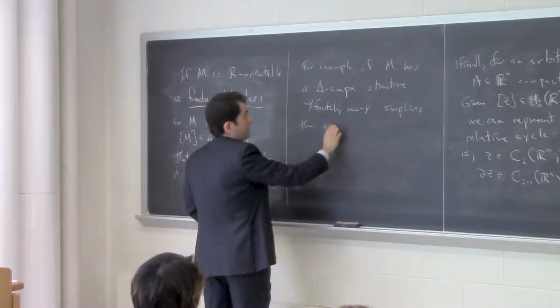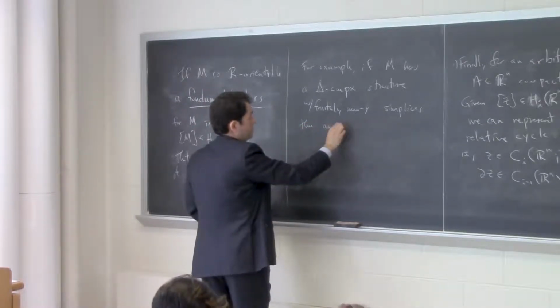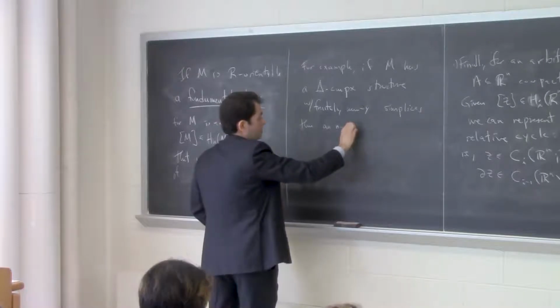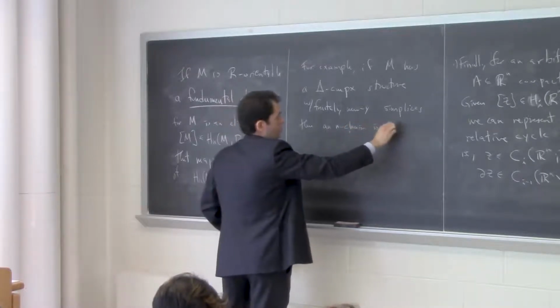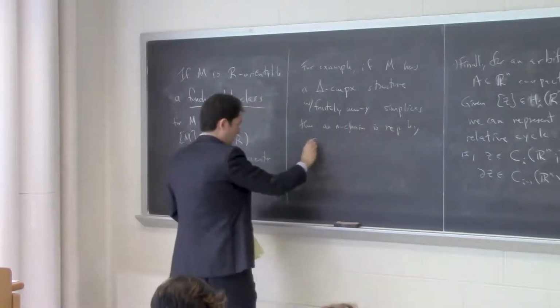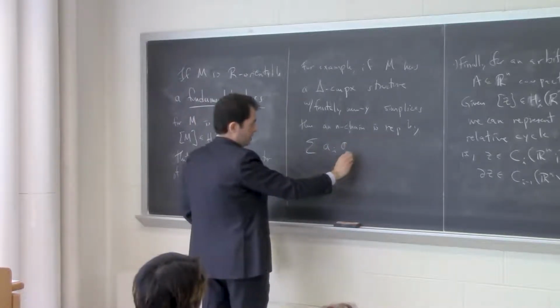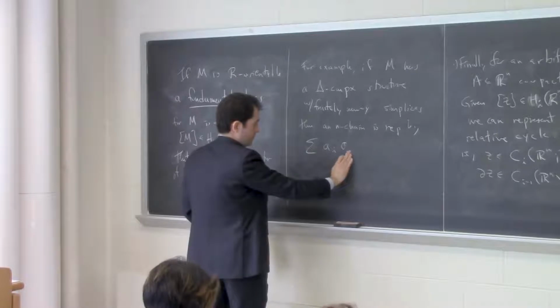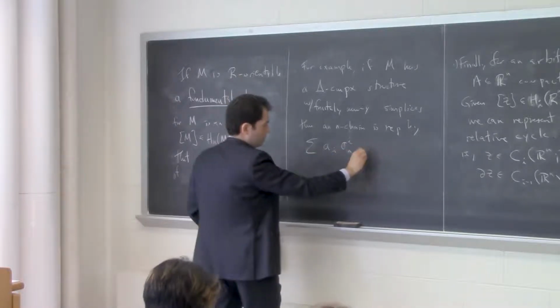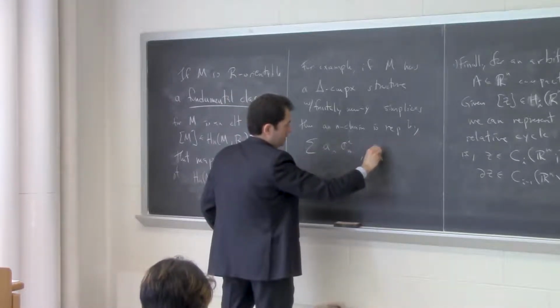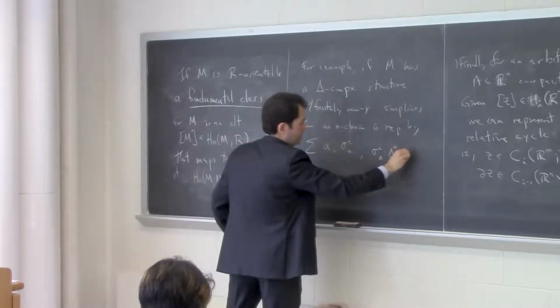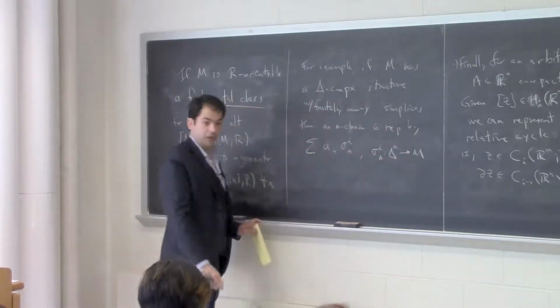an n-chain is represented by a sum of a_i sigma_i^n. So sigma_i^n is an n-simplex from the delta complex structure.